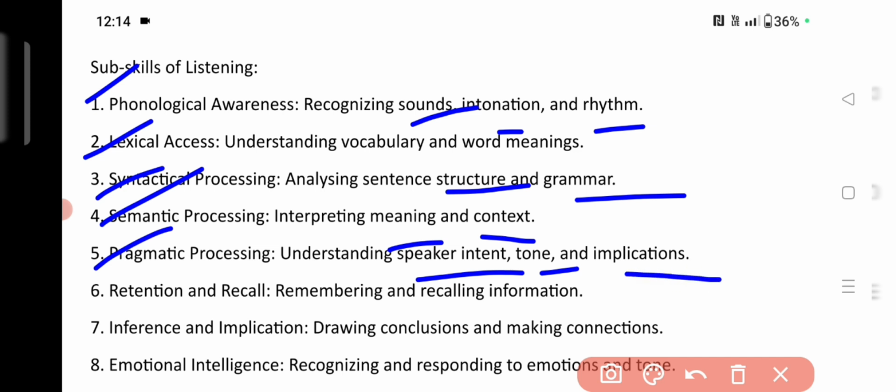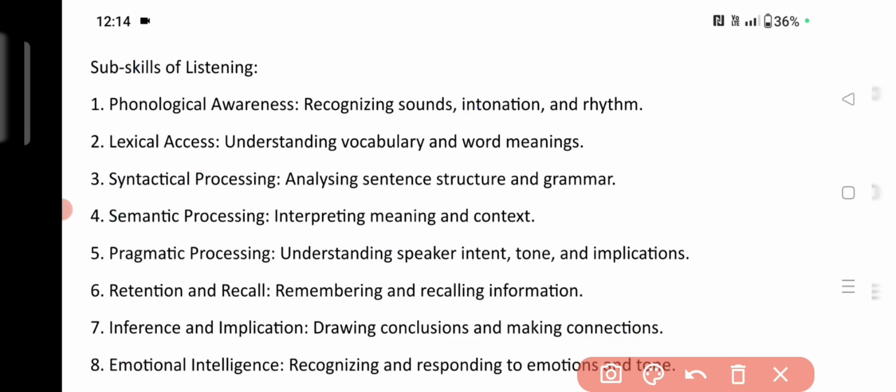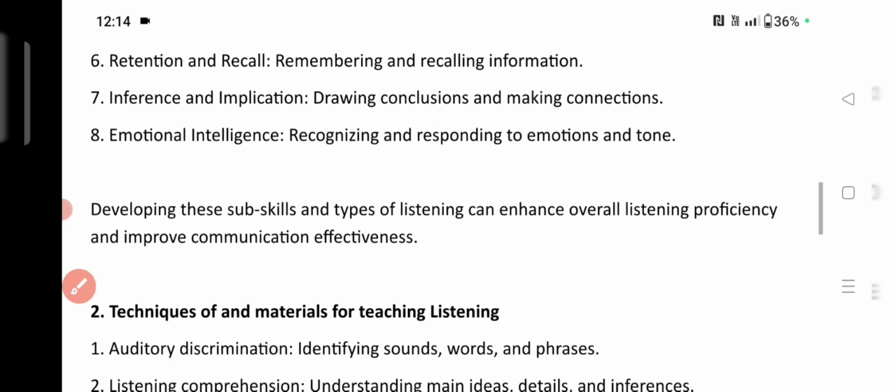Here it is actually interpreted in rhymes, poems and everything, right? Then retention and recall: remembering and recalling the information. Inference and implication: drawing conclusions and making connections. Emotional intelligence: recognizing and responding to emotions and tones.